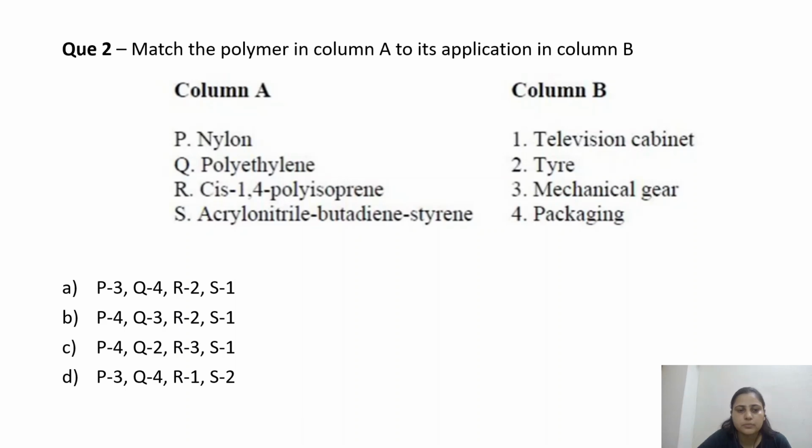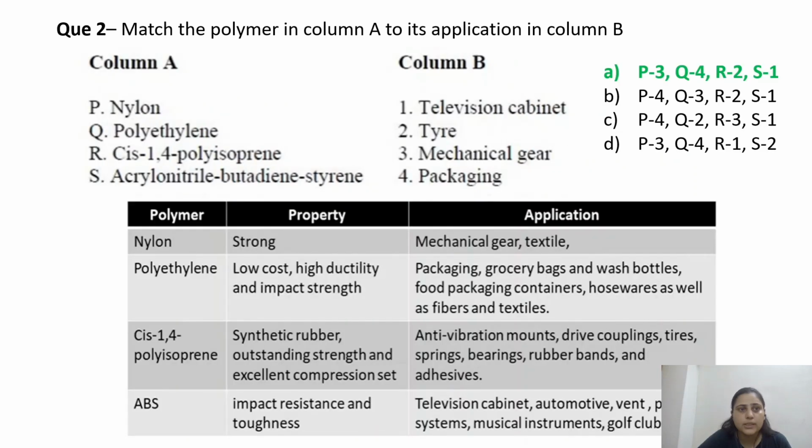In the table, we can see these 4 polymers, their properties and the applications. Nylon is a strong polymer, so it is used for mechanical gears and textiles. So for nylon, option 3, which is mechanical gear, is correct.